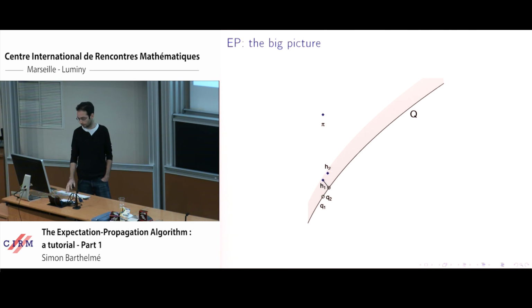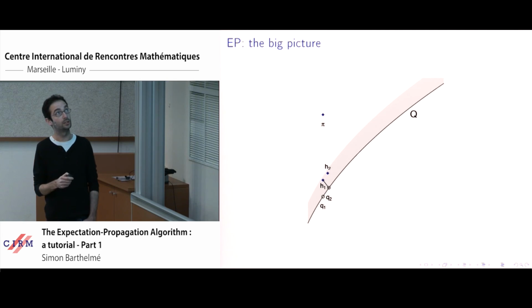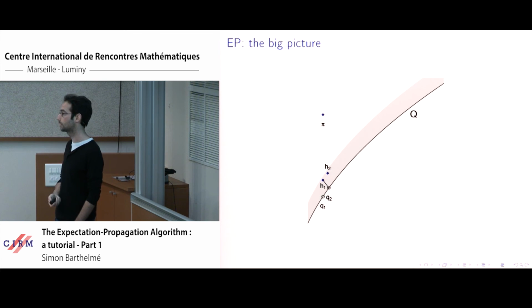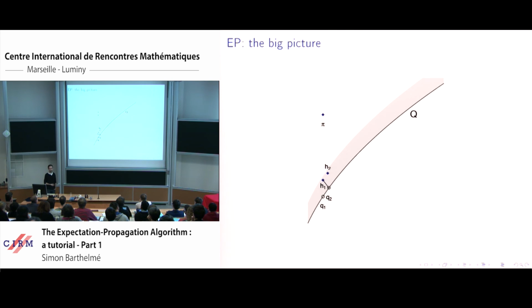Then you can introduce a second hybrid between Q2 and pi, project back, and so forth. Hopefully, if everything goes well, you're going to reach a stationary point, the projection of pi onto Q. This works beautifully in Euclidean space, of course. In the space of distributions, it's not so simple, but it's a nice picture to keep in mind to understand what EP is trying to do.